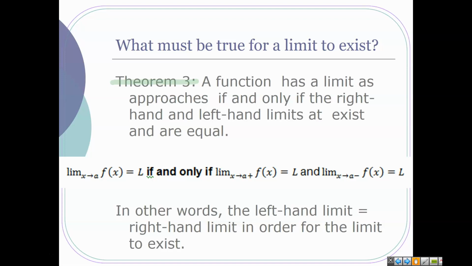So the limit as x approaches A is equal to L if and only if the limit as x approaches A from the right equals the limit as x approaches A from the left equals L.